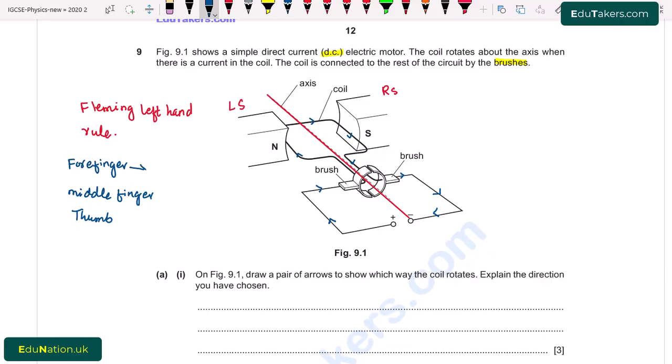Then my forefinger represents the direction of field, the middle finger represents the direction of current, and my thumb represents the direction of force or the direction of motion.